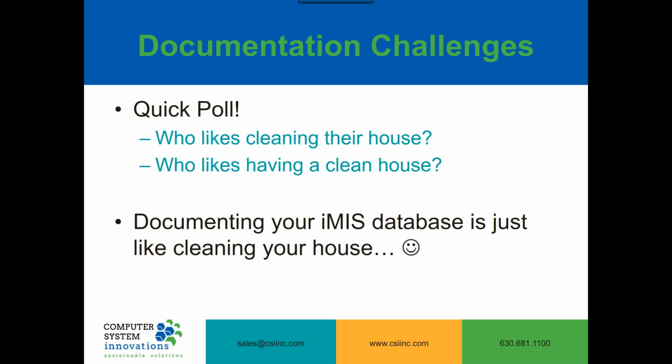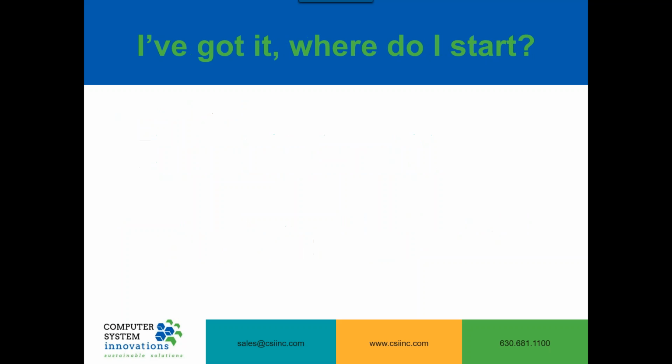So this presentation today is kind of focused on some interesting ways that you can attack this process. We've had a lot of clients that say, I've bought the product, or I don't want to buy the product because it's going to make me do a lot of work. So we thought we'd start this session and focus on where do you start.